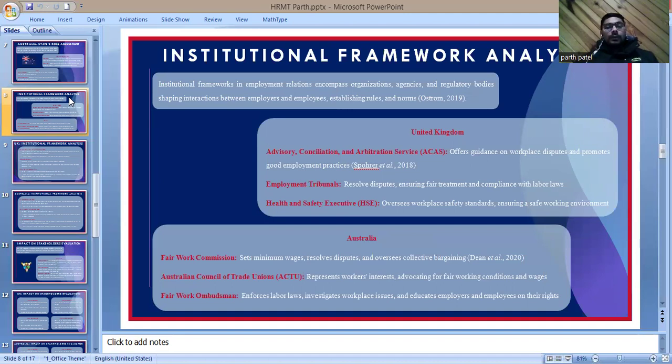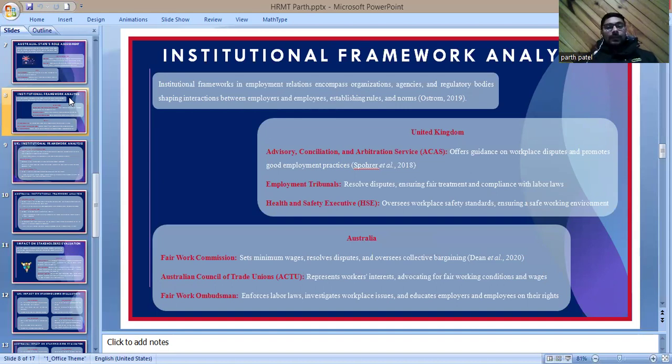We talk about the United Kingdom, UK. They have the Advisory, Conciliation and Arbitration Service, ACAS. They manage workplace conflict and uphold the application of right practice.